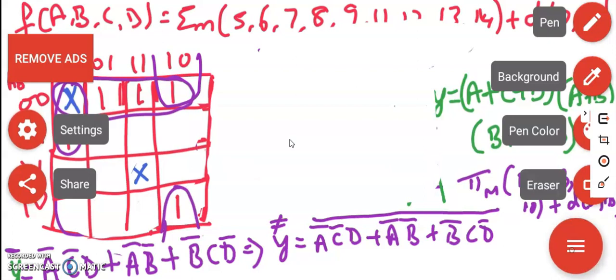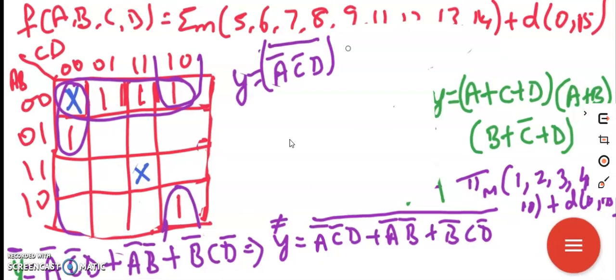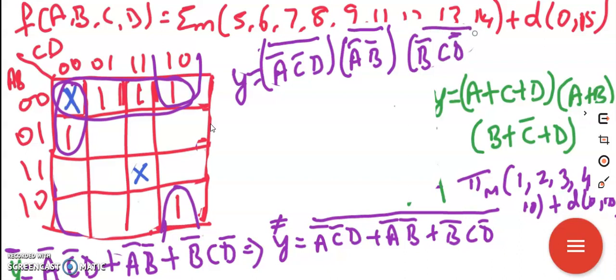So the next step is Y is equal to, this I can write as A bar C bar D, whole bar, into A bar B bar, the whole bar, into B bar C D bar, the whole bar. That's what we got.